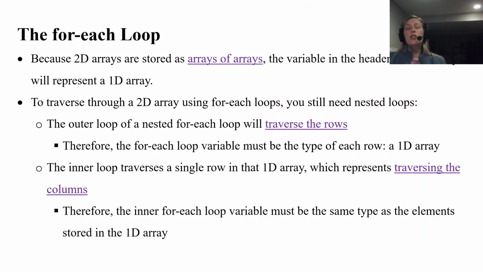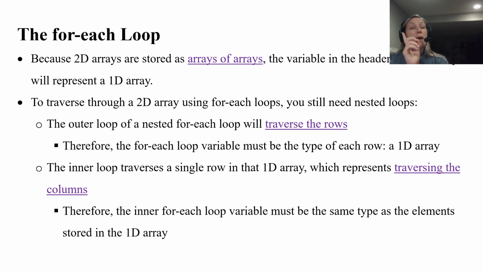Okay, so the inner loop is going to have the same type as the elements stored in your array. The outer loop is going to have, again, the same type, but it's going to be a one-dimensional array. And that always kind of throws people off a little bit, but once you get used to the syntax of it, I promise it'll be a-okay.